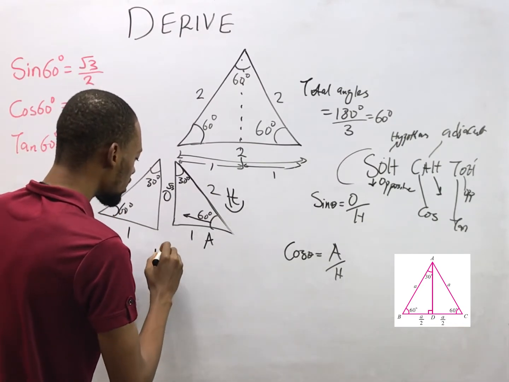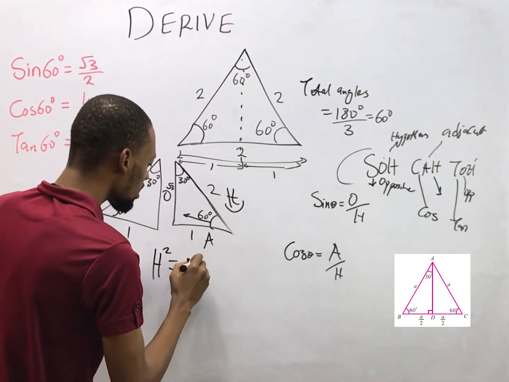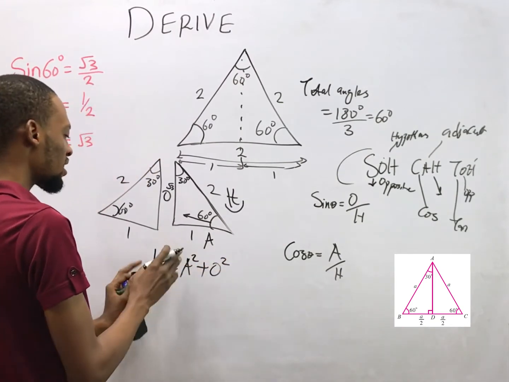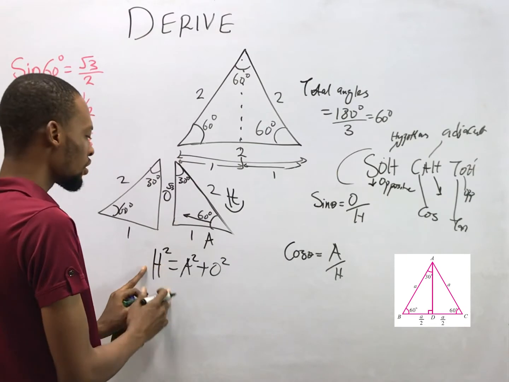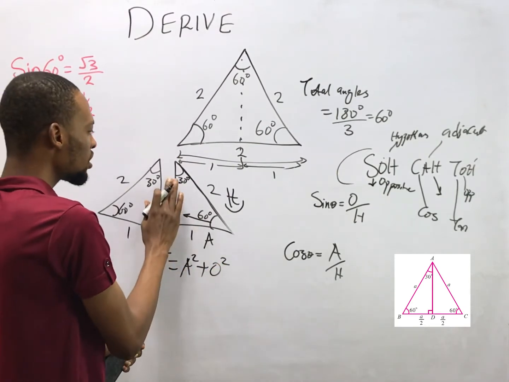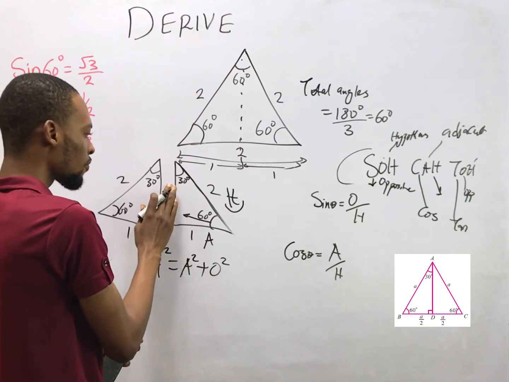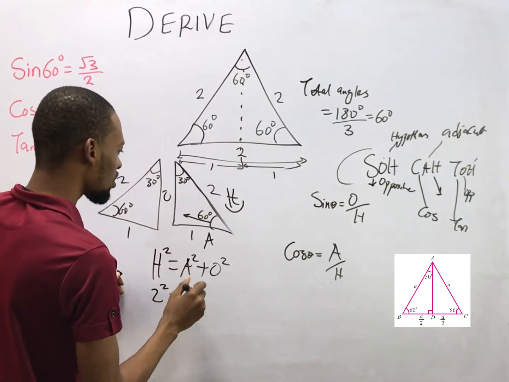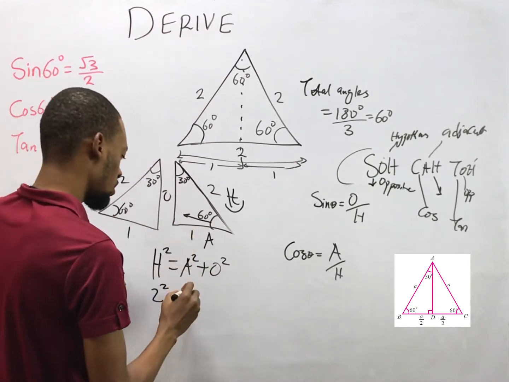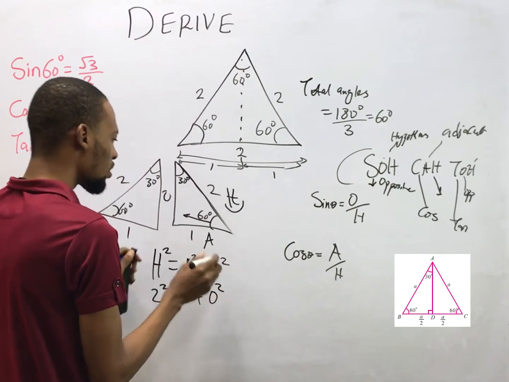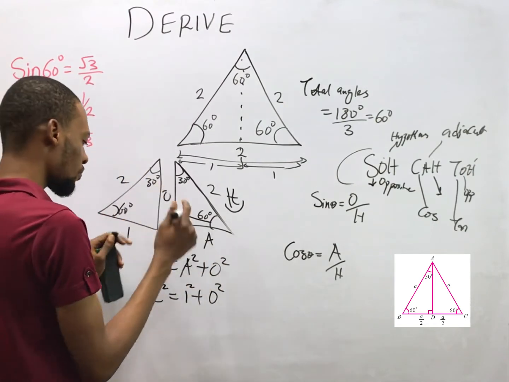In Pythagoras theorem, H square is equal to A square plus O square, which implies that the square of the hypotenuse is equal to the square of the adjacent plus the square of the opposite. So assuming we don't know here, but we know the hypotenuse to be 2, 2 square is equal to adjacent 1, 1 square, plus O square, which is the opposite we are looking for.